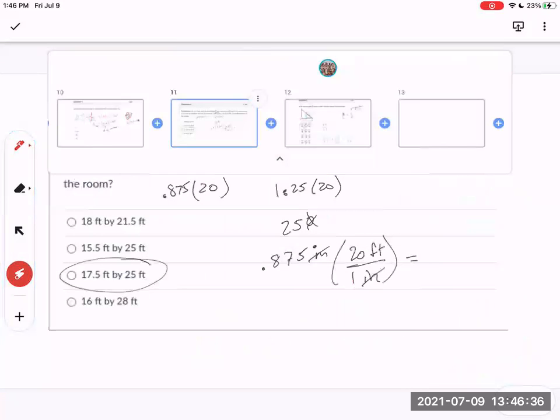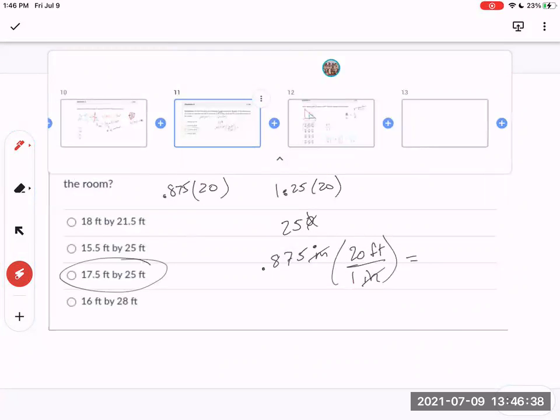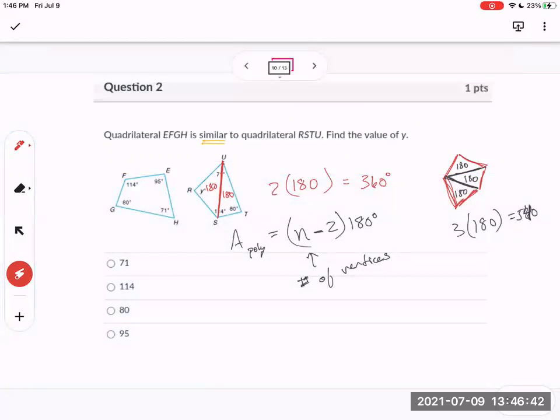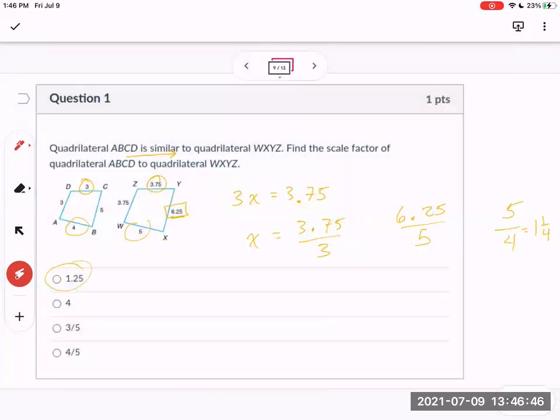This one. So we said it equals 1.25, but it says 1.25 is wrong.